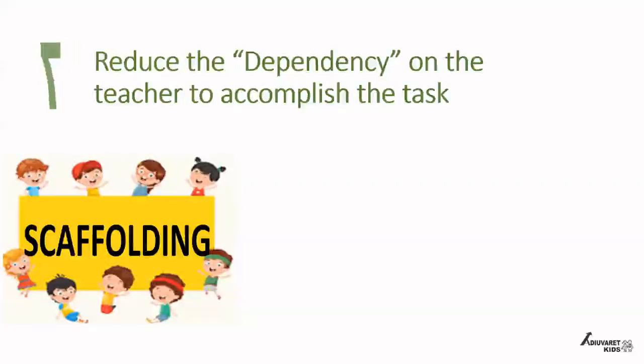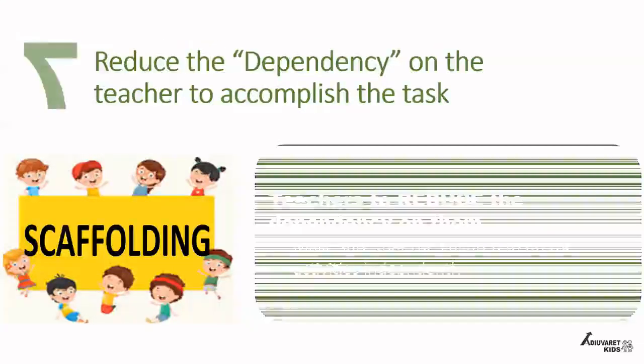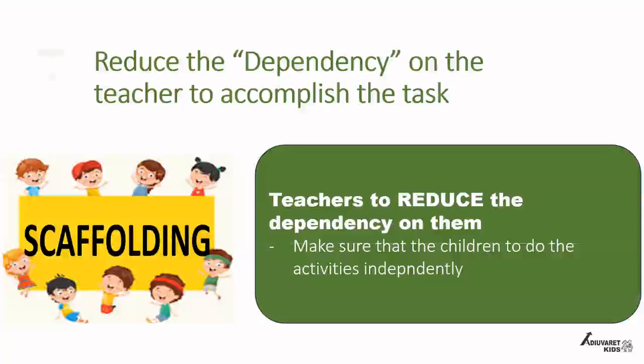The teacher is at each step, holding the child's hand to get these steps done. Now, the final component is that the child should do the complete task independent of the teacher. And that is the learning outcome in the preschool year.